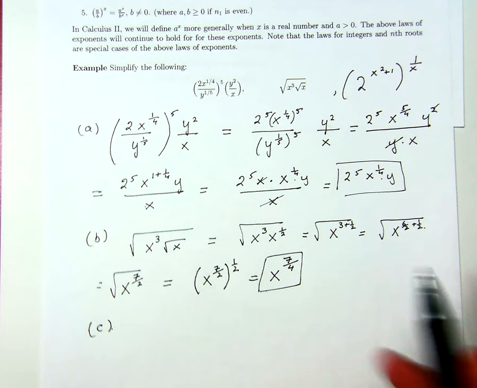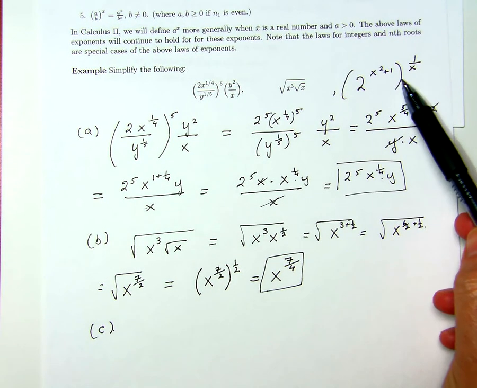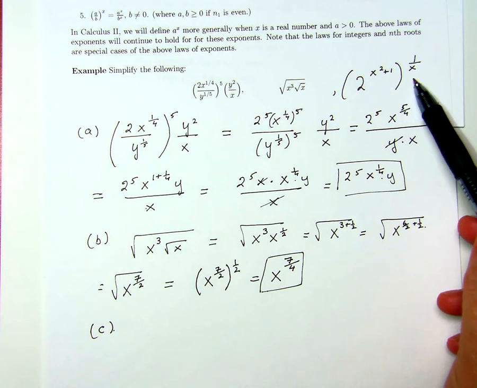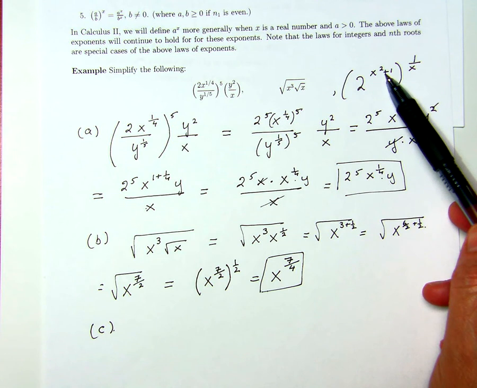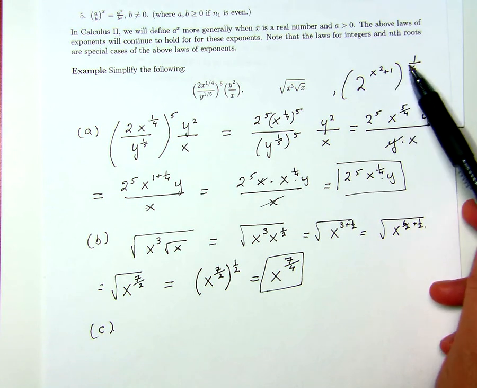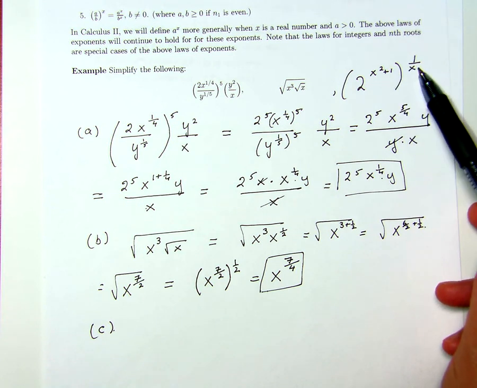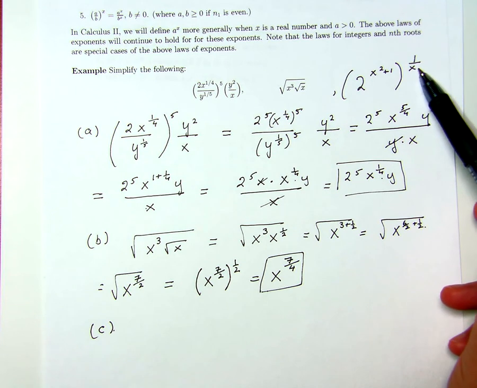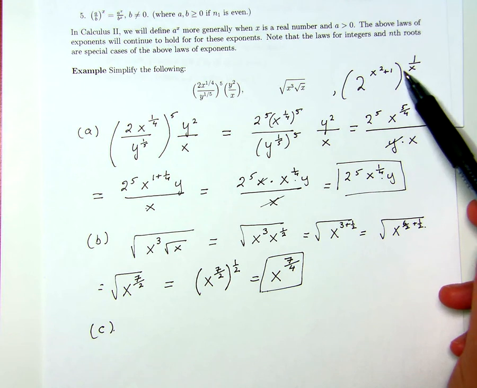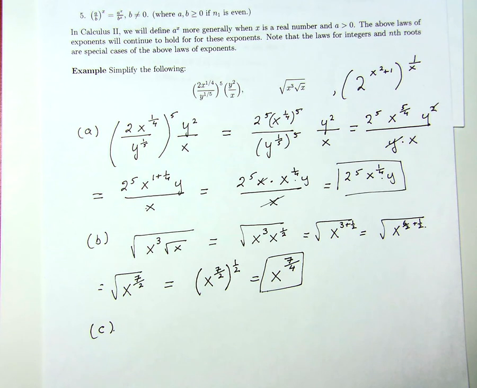Later, when we generalize powers to all real numbers, we'll be able to take 2 to the power of a function of x, and then again to the power of another function of x. But here, because we've only defined powers for rational numbers, we can assume that these are rational numbers.